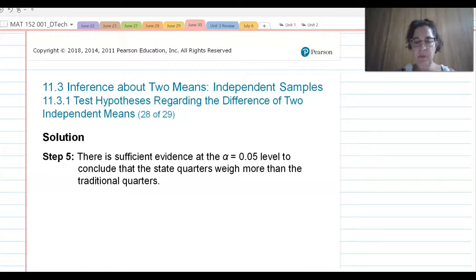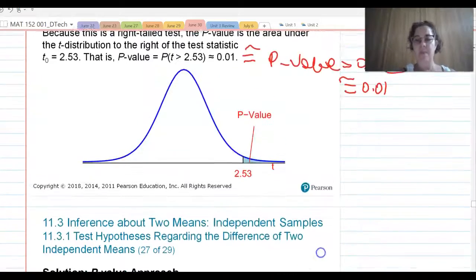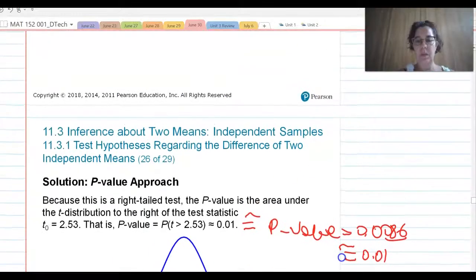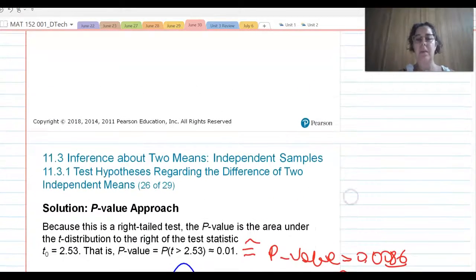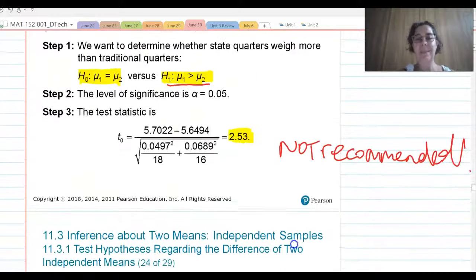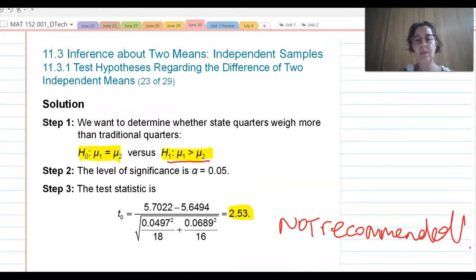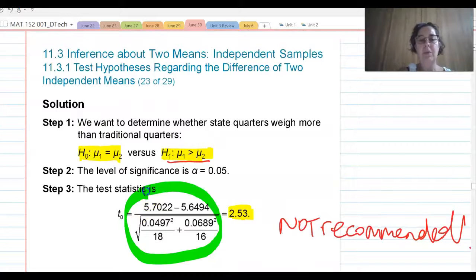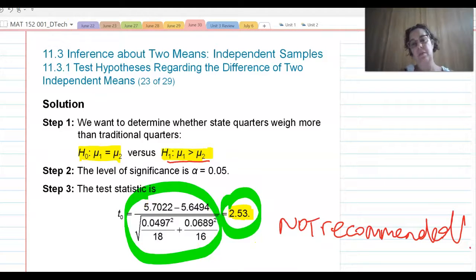So the purpose of this video, again, is that I strictly recommend everyone use technology for t-tests with independent samples. You can go ahead and do the hand calculations, but look at the math you're dealing with to get this test statistic.